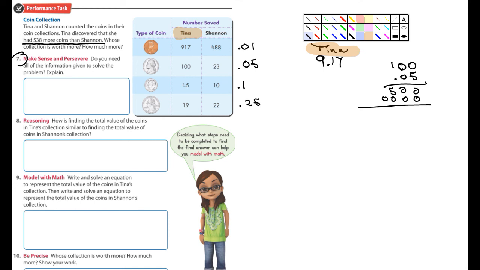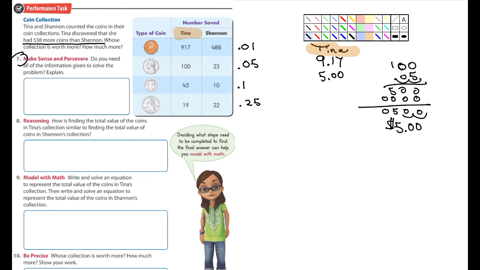Okay. So 0, 0, 5, 0. That last 0 is irrelevant. We have 2 decimal places. We have to move things over here. So 1, 2. So what is this? That's $5. So Tina has $5 in nickels.